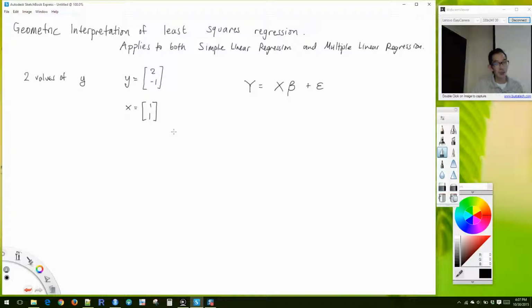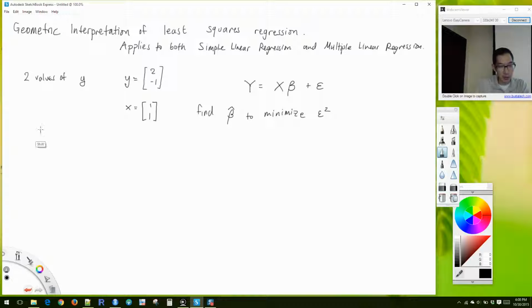So just stepping back, we want to find beta hat to minimize our squared residuals.